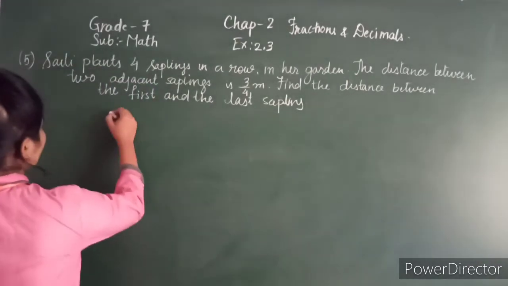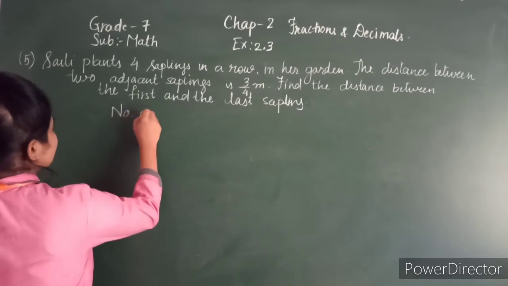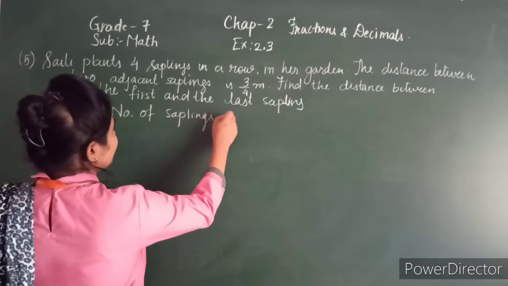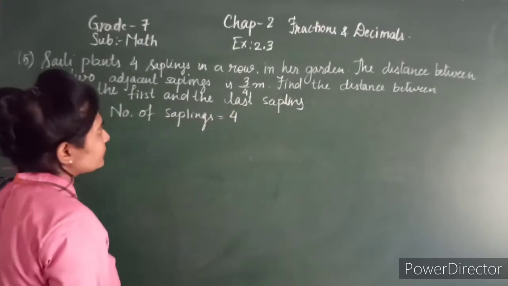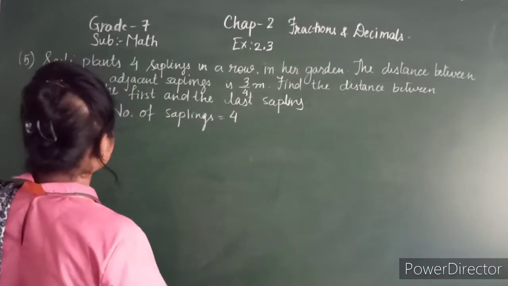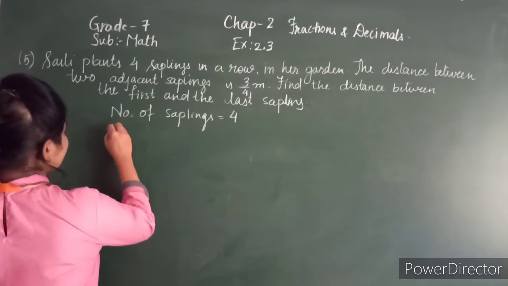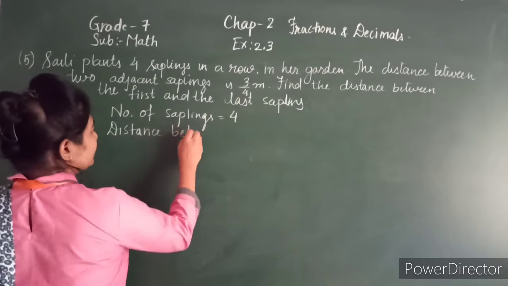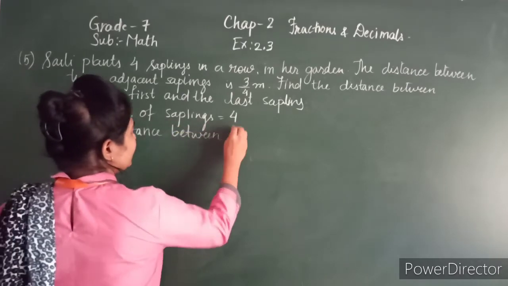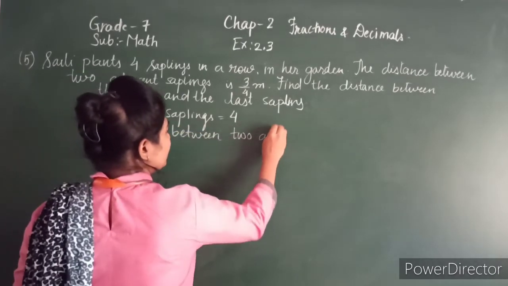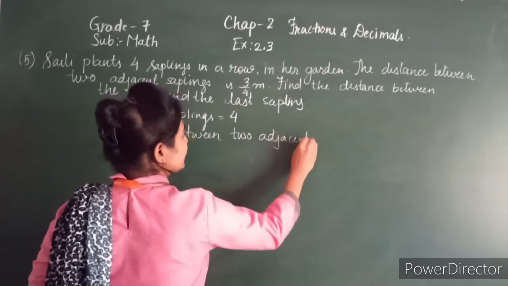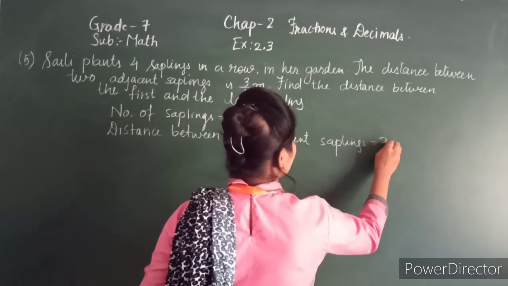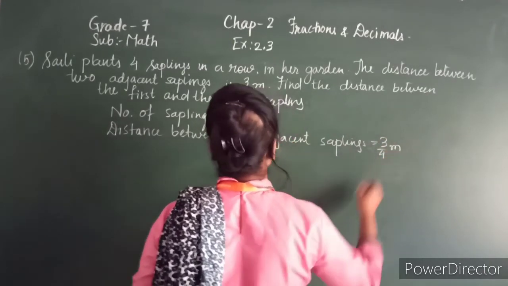So we have to write the solution. Number of saplings is equal to 4. Now the distance between two adjacent saplings is equal to 3 upon 4 meter.